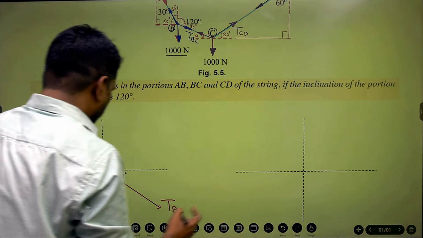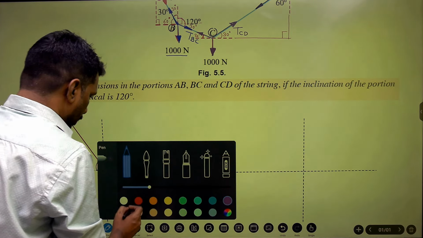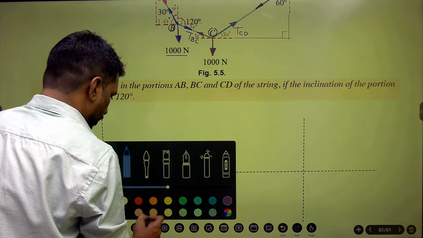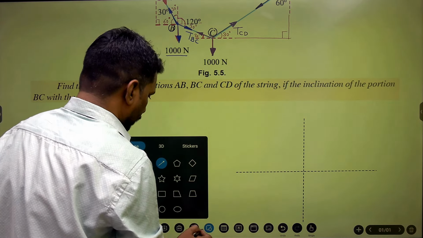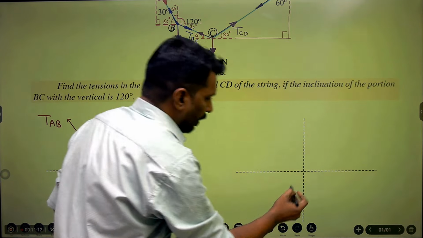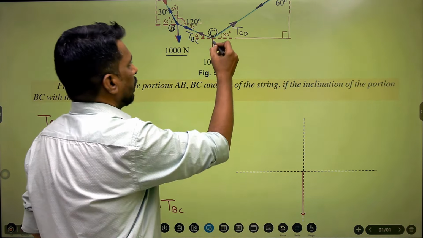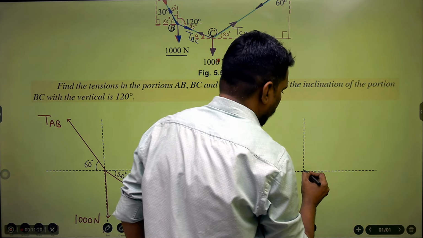Now I'll come back to the point number C. And I'll draw all the forces acting at point C. So at point C, you can see three forces: 1000 vertically downward. Okay, this one. Then TCD at 30 degree with the horizontal.